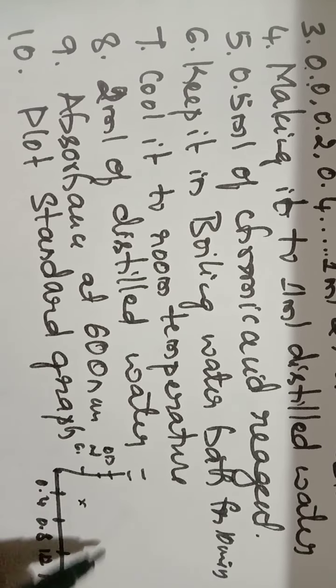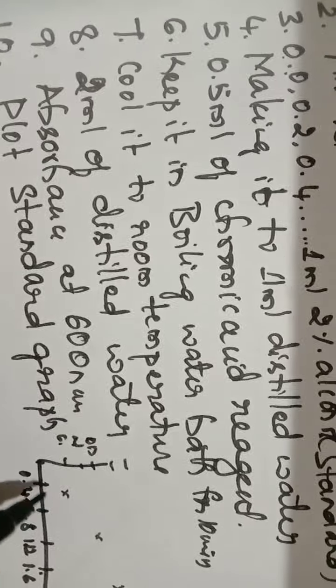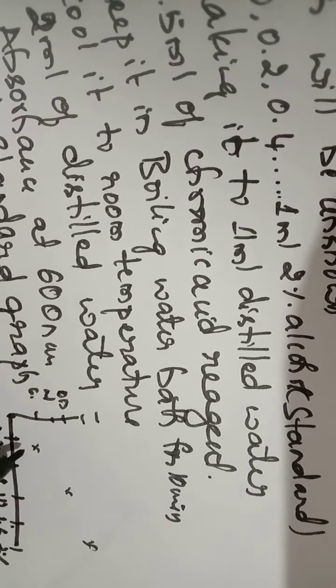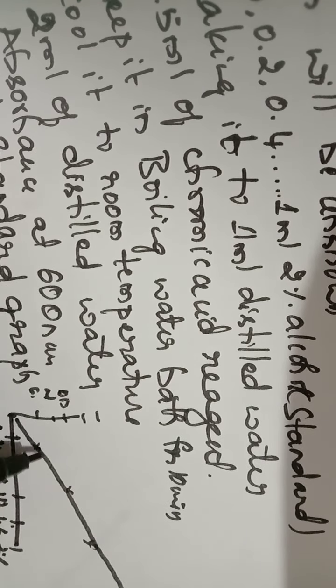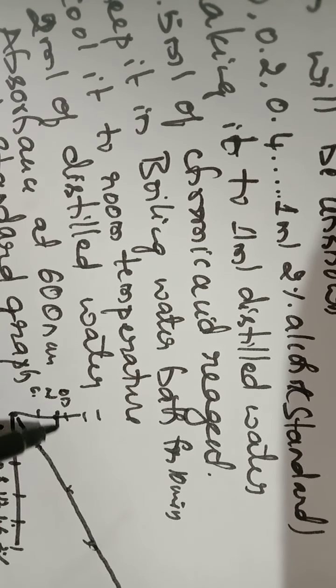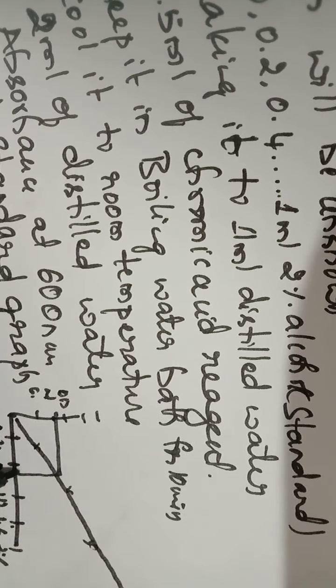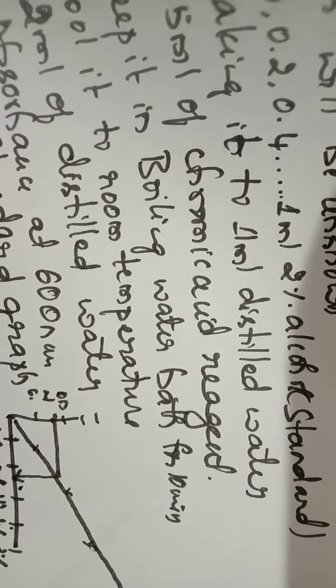Once we plot the graph, we need to join the points, and then whatever the unknown reading is, we plot it and check what the unknown value will be.